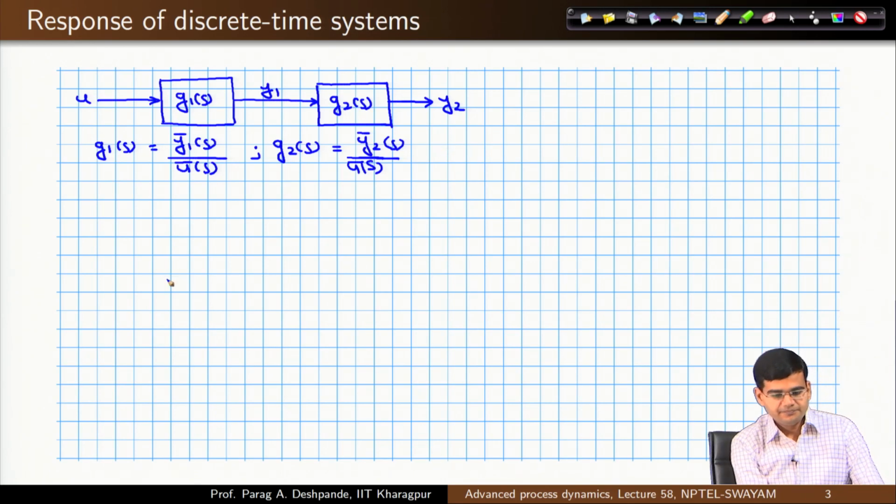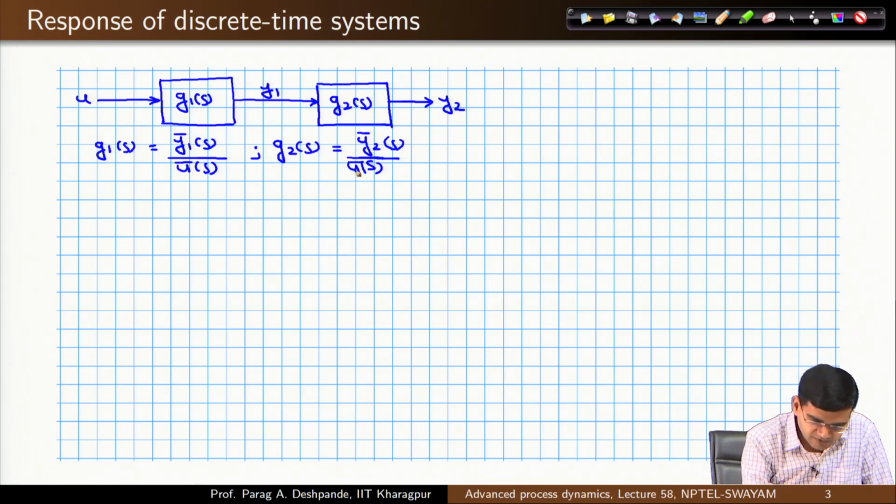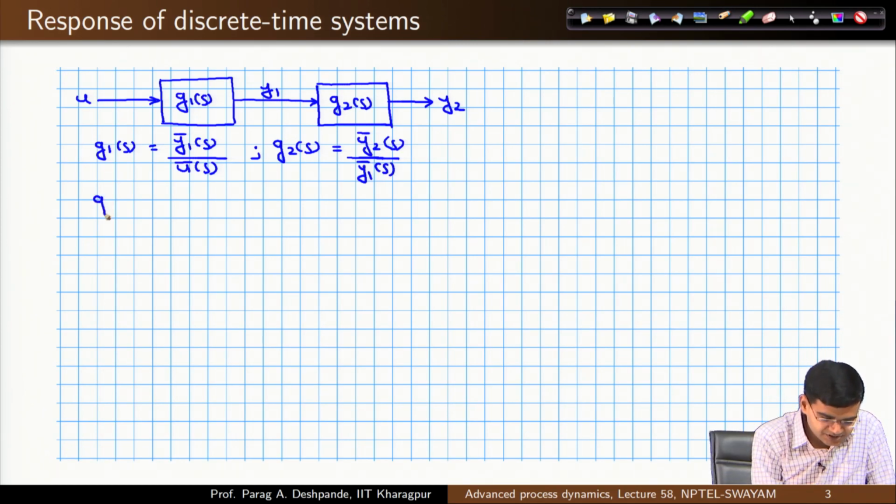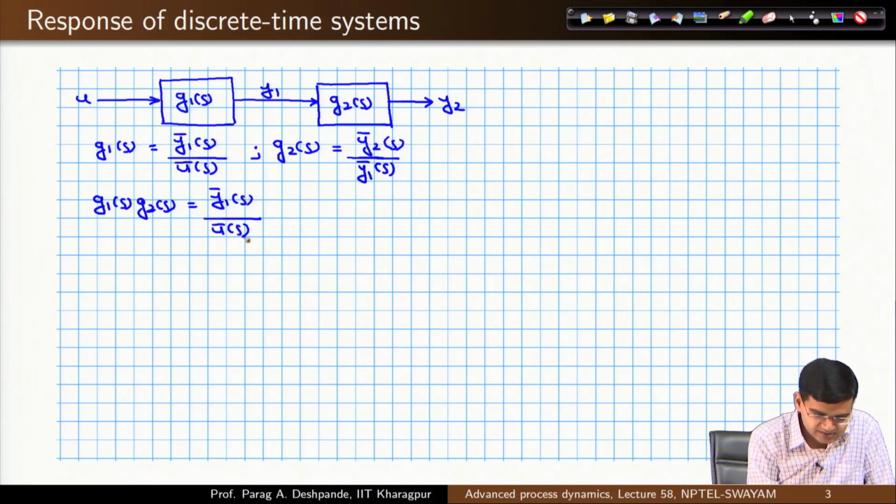and therefore, from y 1 bar of s. Okay. So, let me write this properly. This would be y 2 bar of s divided by y 1 bar of s, from where I can write g 1 of s g 2 of s is equal to y 1 bar of s divided by u bar of s multiplied by y 2 bar of s divided by y 1 bar of s, which is equal to what?